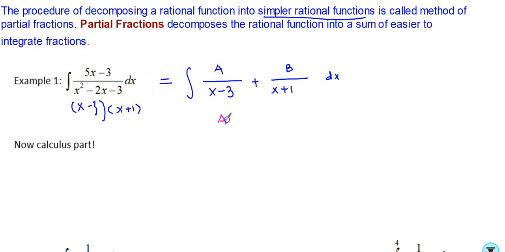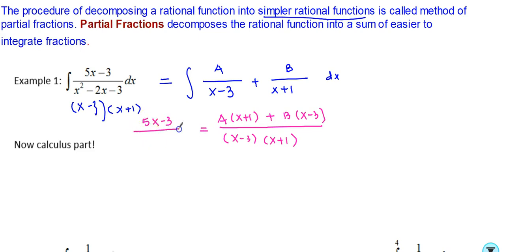That means A needs to be multiplied by x plus 1, B needs to be multiplied by x minus 3, and the denominator would be x minus 3 and x plus 1. I'm putting the integral sign aside, and let's check what we get on this side.